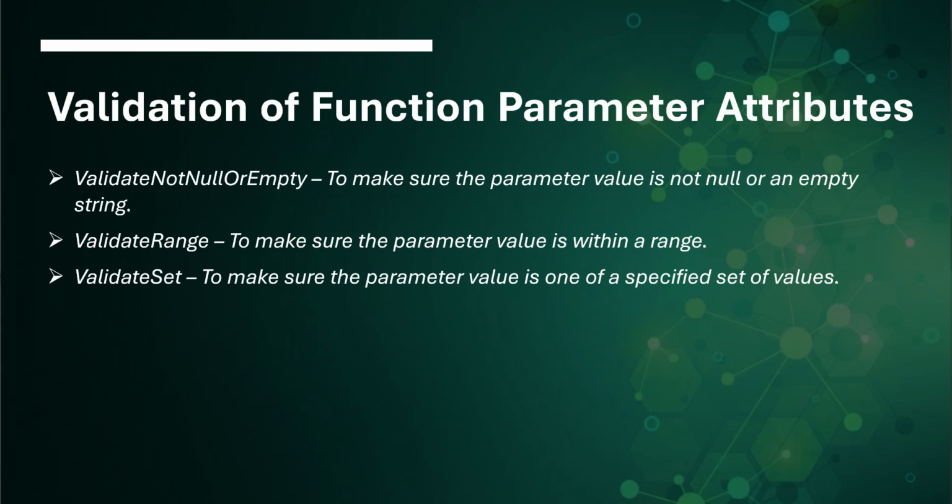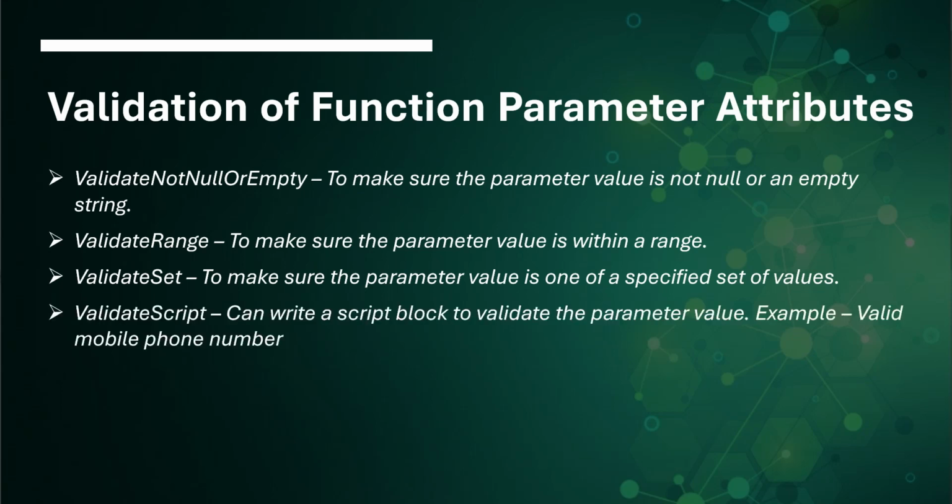So you can specify that the string value should be from the mentioned set. And then you also have an advanced validate script. You can write a script block that validates the parameter value. For example, if you would like to validate a mobile phone number, it can check if the supplied value is in a valid phone format, and only then can you proceed, or else it can throw the error.